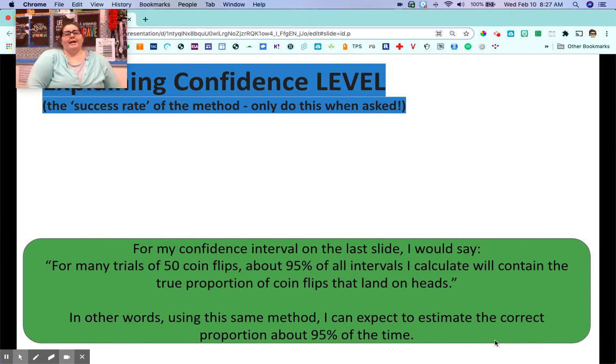Another thing that you might be asked to do is interpret a confidence level. This is not something that we always need to interpret. We're always interpreting the interval, because if you calculate the interval, you want to tell what that interval means. The confidence level, the 95% part, is the success rate of the method that you're using, and we only really need to interpret it if we're asked specifically about it.